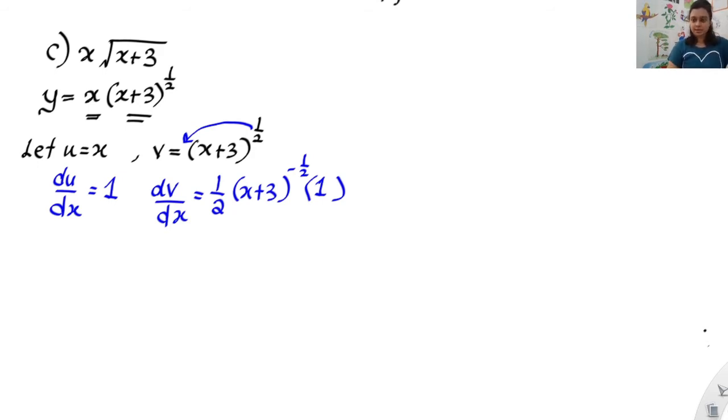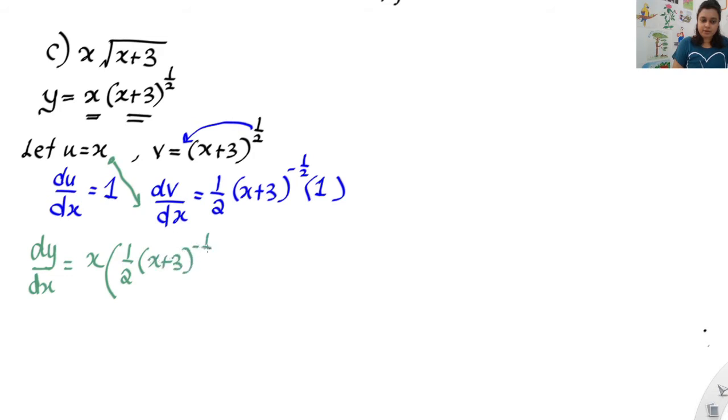Done until here. Now I'm going to put all this inside the formula. We choose a different color. So now I'm going to put all these inside dy dx. When you put inside dy dx, first copy the u, which is x, then copy the dv dx, put a big bracket if you can: x plus 3 power of negative 1 over 2.